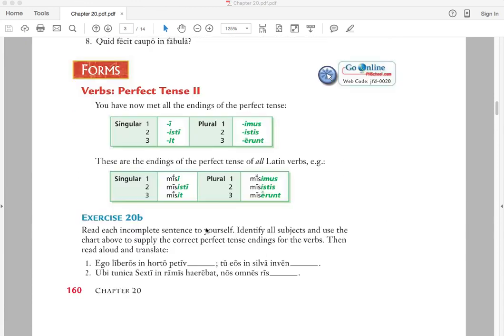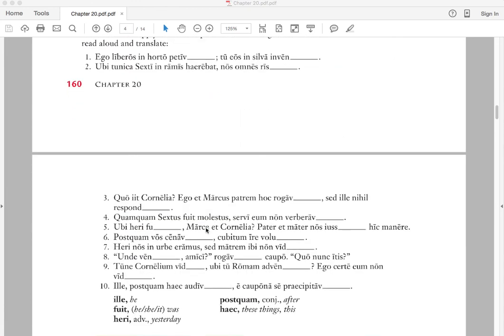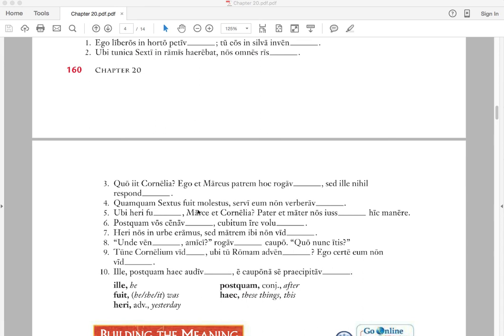Okay, I think I'm going to leave it with that, but you get the idea. Really just think about who is the subject or who's being spoken to. Like here in number five, Marcus and Cornelia, you can tell by the vocative here. Marcus and Cornelia are being spoken to. So if they're being spoken to together, they are a you plural.